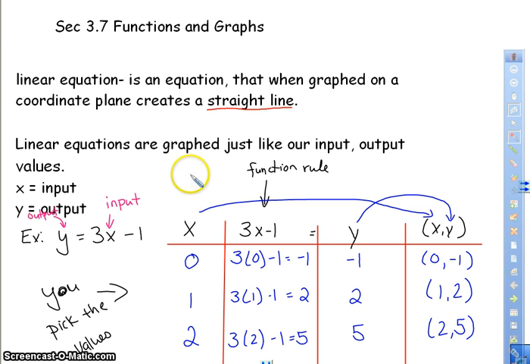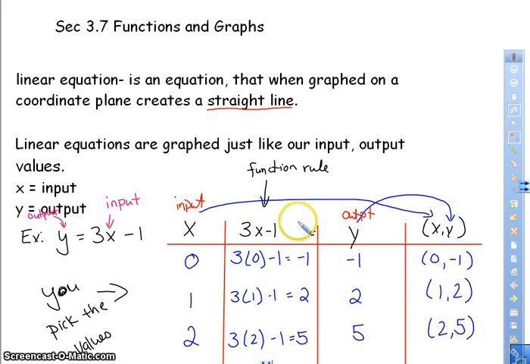Linear equations are graphed just like our input-output values that we talked about before. Our input is our x values, and our output is the y values. For example, if our function was y equals 3x minus 1, I would set it up as x is my input.